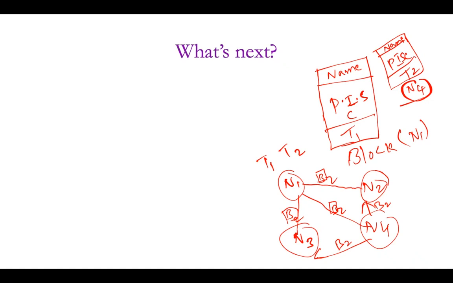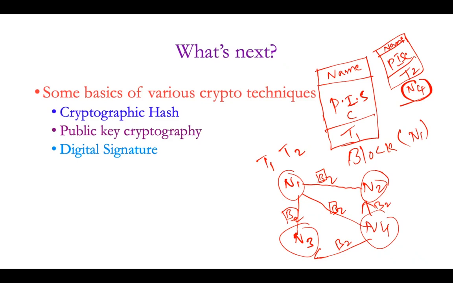So there we need some basics of the crypto techniques. To achieve these goals, we need some information about the crypto techniques. So what is that? We are going to talk about the cryptographic hash functions to achieve the cryptographic goals, CIA.